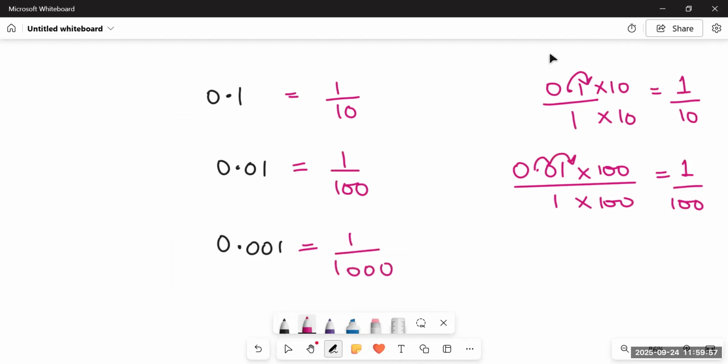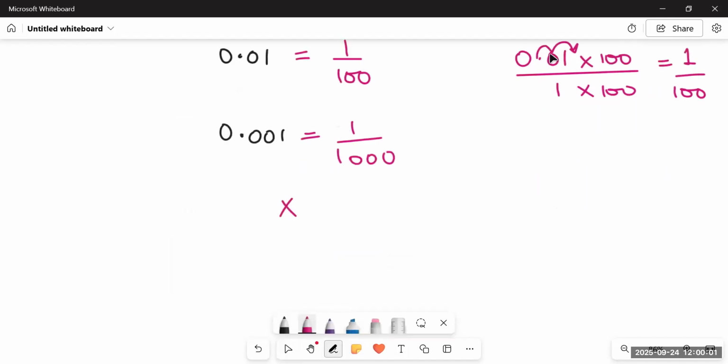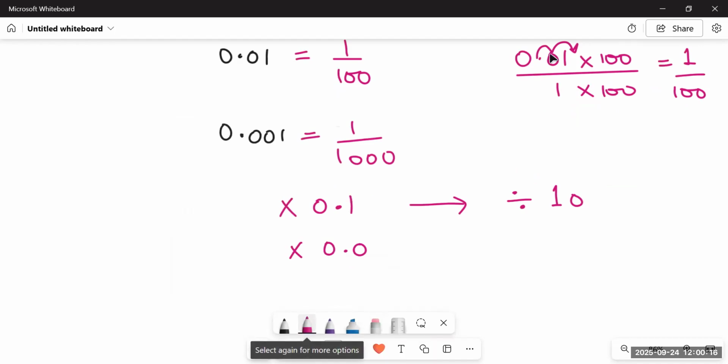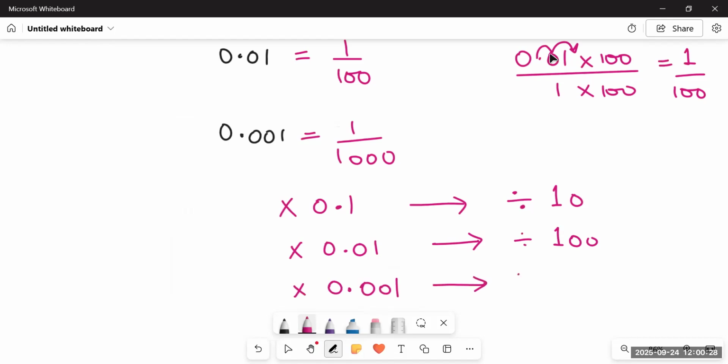So you just have to remember that whenever you multiply a number by 0.1, it's actually dividing the number by 10. When you multiply a number by 0.01, it's actually dividing the same number by 100. Similarly, multiplying a number by 0.001 is actually dividing the same number by 1000.